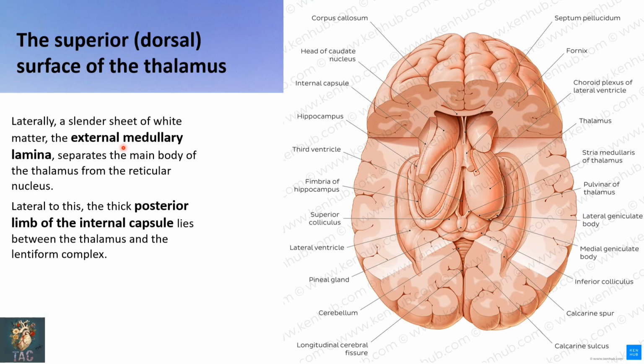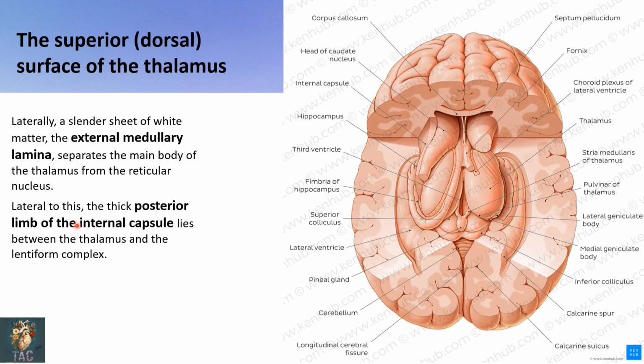Then the superior surface, laterally the slender sheet of white matter, the external medullary lamina. Here in this area, as I have told you, the superior surface is covered by the stratum zonale, which is a white matter, and on the lateral surface again a thin sheet of white matter is also present, which is called the external medullary lamina.